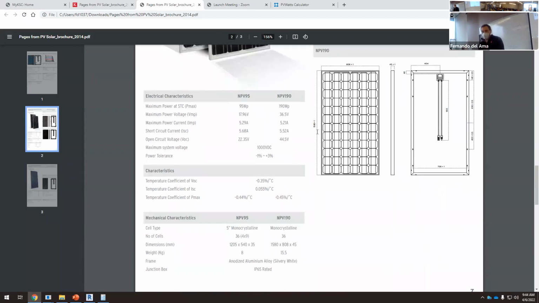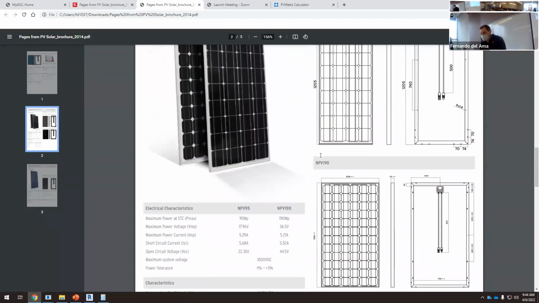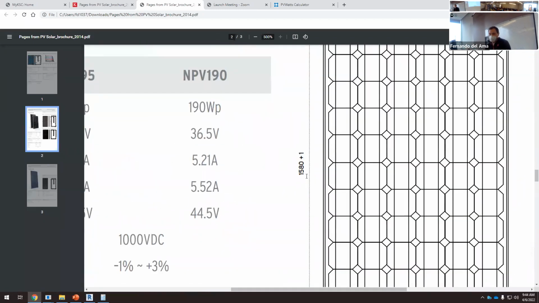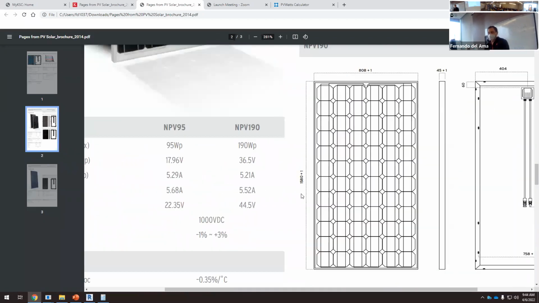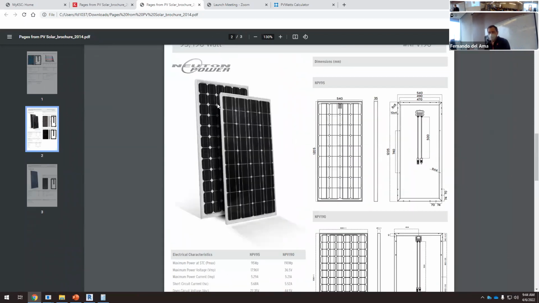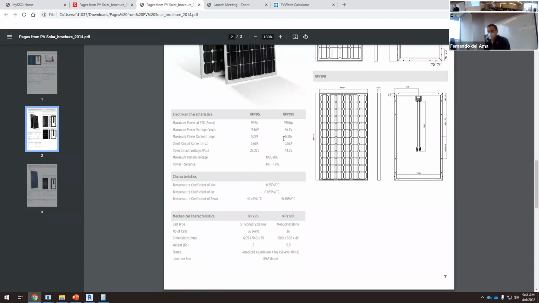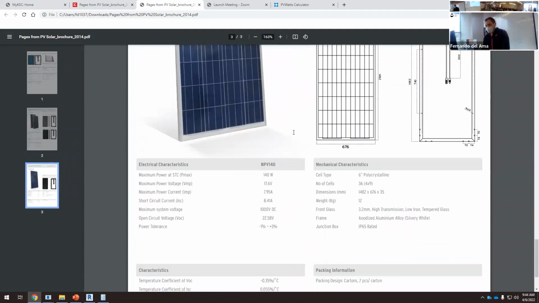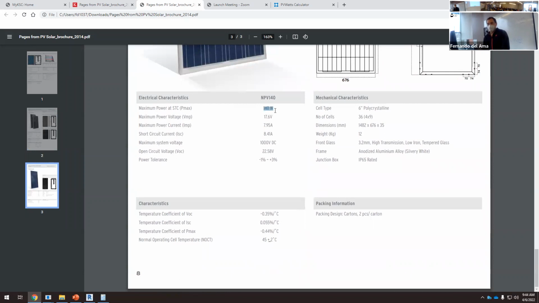Well, there are 2 categories here. Because we have 2 dimensions. Yes, so you see that this is 1,500 and this one is 1,200. Okay, yeah, we can see here that there are 2 different dimensions. So the small one is 95, the big one is 190. Okay, and then this one is 140 watts.